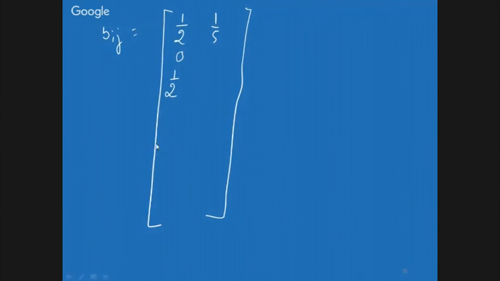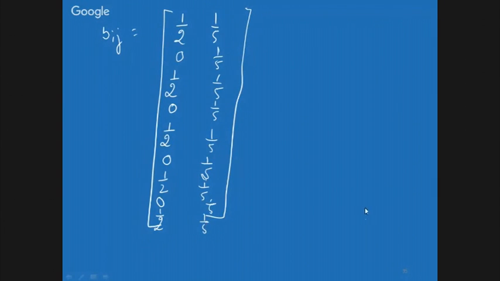Half, 0, half, 0, then half, and on this side all the values are 1 by 5. 8 values, 9 values, right?